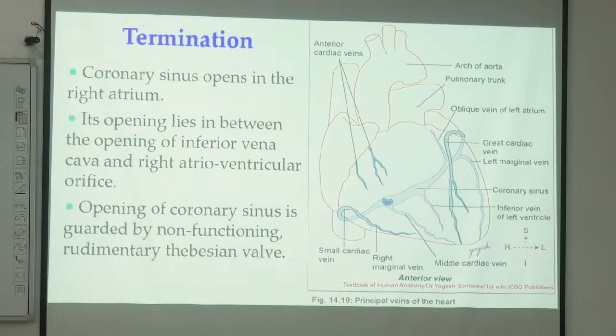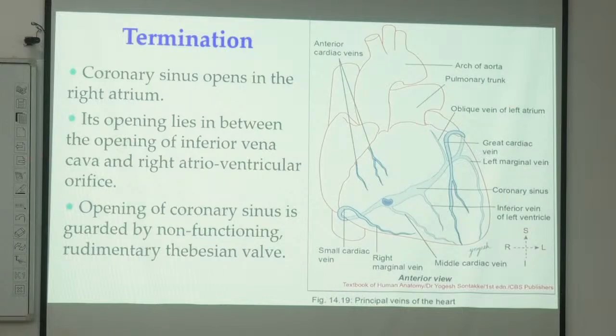Now termination. The coronary sinus opens in the right atrium. Here this is the opening of the coronary sinus, and its opening lies in between the opening of the inferior vena cava and the right atrioventricular orifice. This position is important.